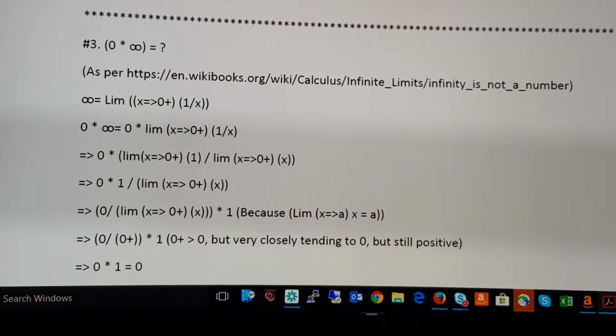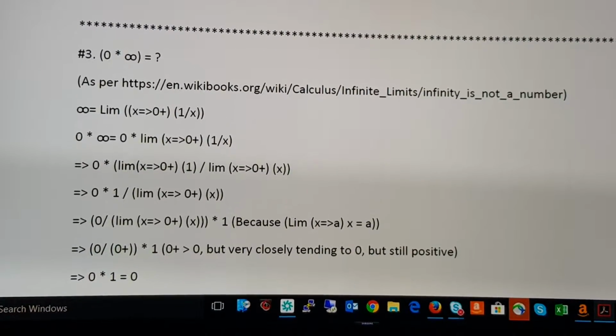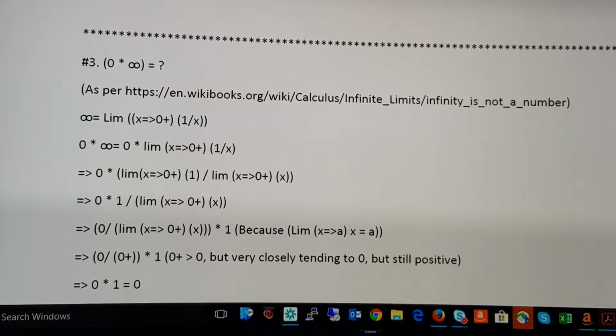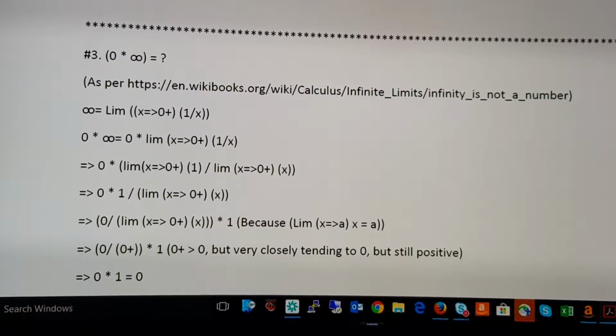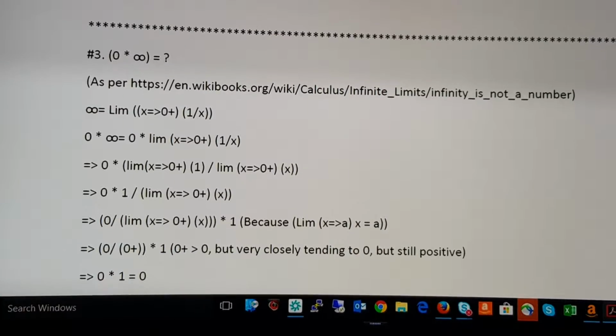0 multiplied by infinity can be written as 0 multiplied by the limit of 1 by x, where x tends to 0 plus. As per the formulas of limits, the limit of a by b can be written as limit a by limit b.